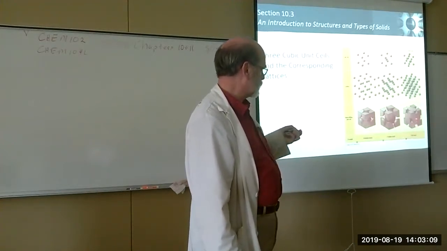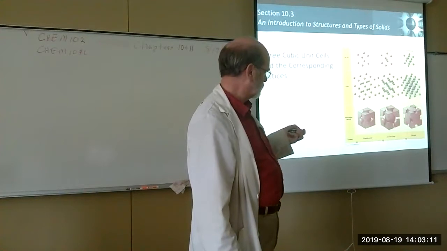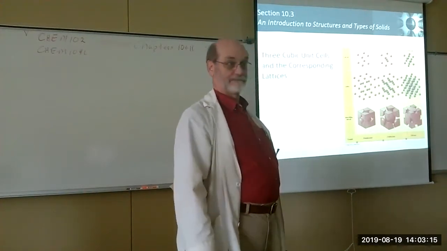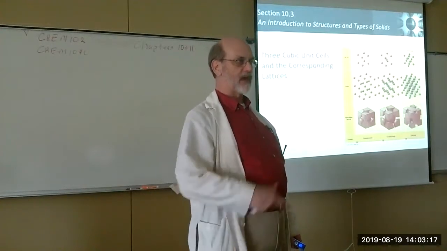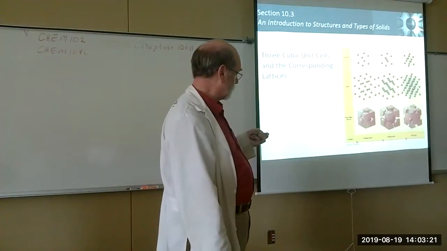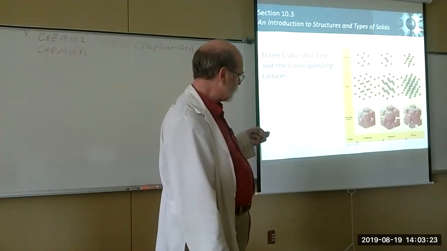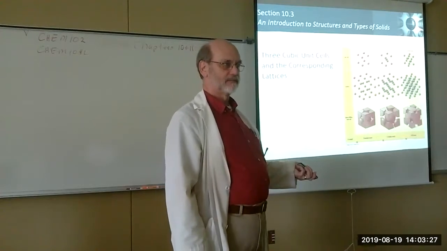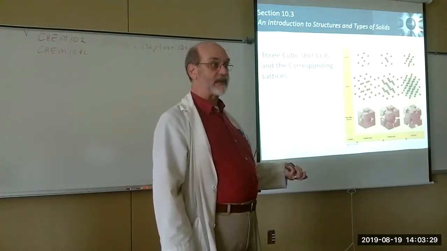This one's a face-centered cube, right here, that face there. So how many faces do you have on a cube? When you roll a die, how many? 6, right? You have 6 faces. So this is a half of an atom here, and you got 6 of them. So what is that, 3?